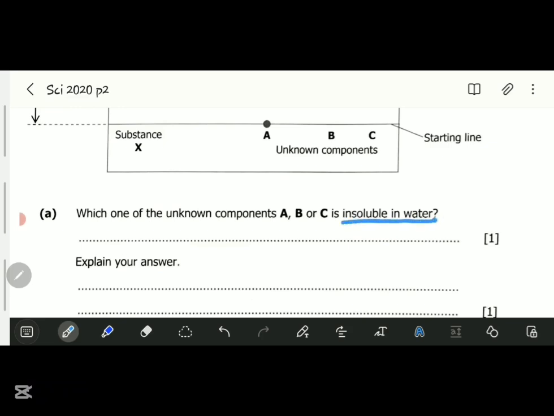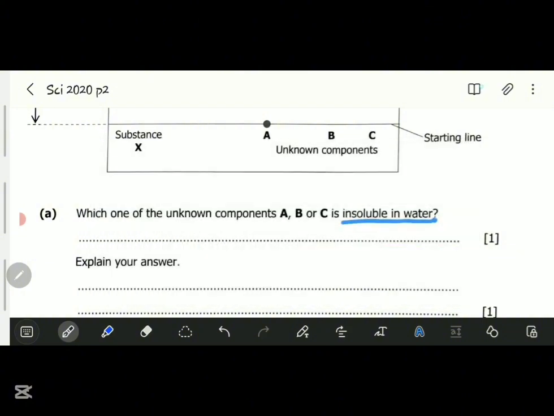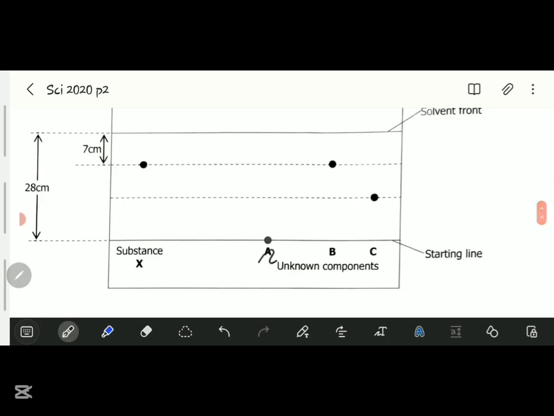Insoluble substances will not even move from the starting point. So an insoluble substance will be that substance which will not even move from its initial position. What is the substance that has not even moved from its initial position? The substance is substance A.